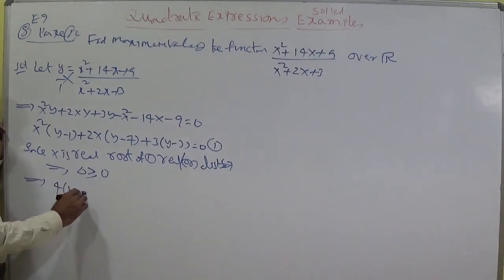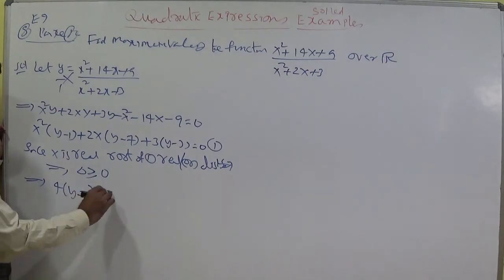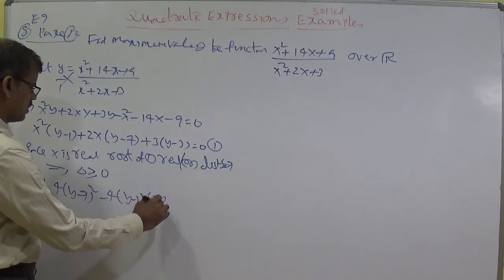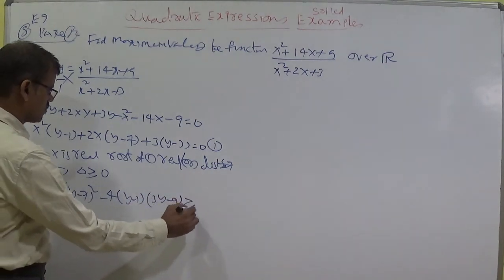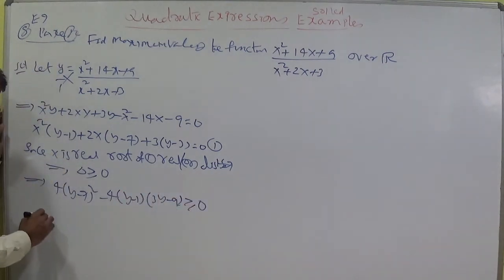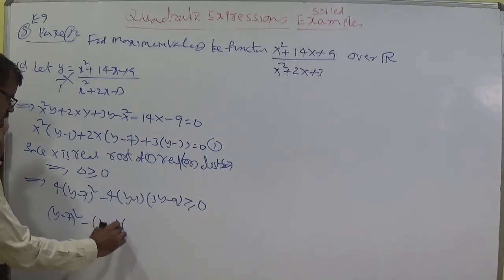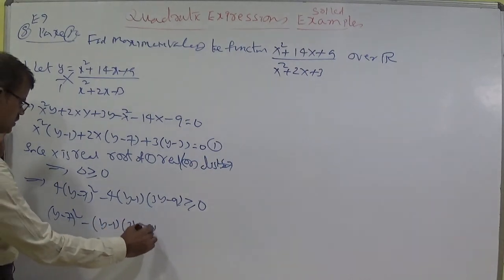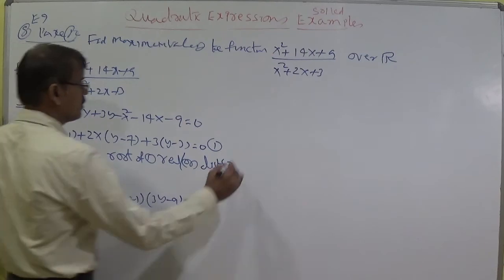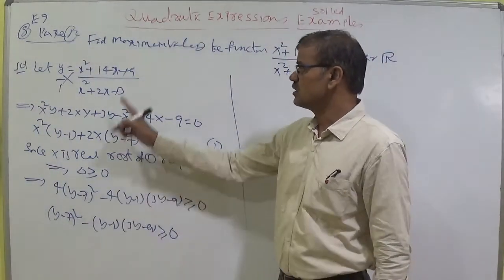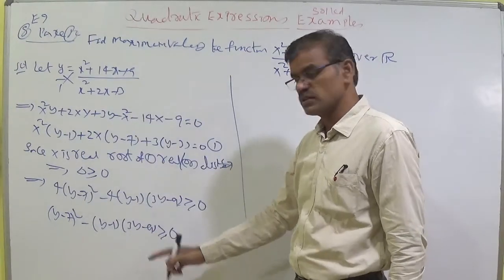Now, 4 into y minus 7 whole square minus 4 into y minus 1 into 3y minus 9 greater than or equal to 0. Divide by 4, it becomes y minus 7 whole square minus y minus 1 into 3y minus 9 greater than or equal to 0. While practicing for objective, you should write, no need to write every step.